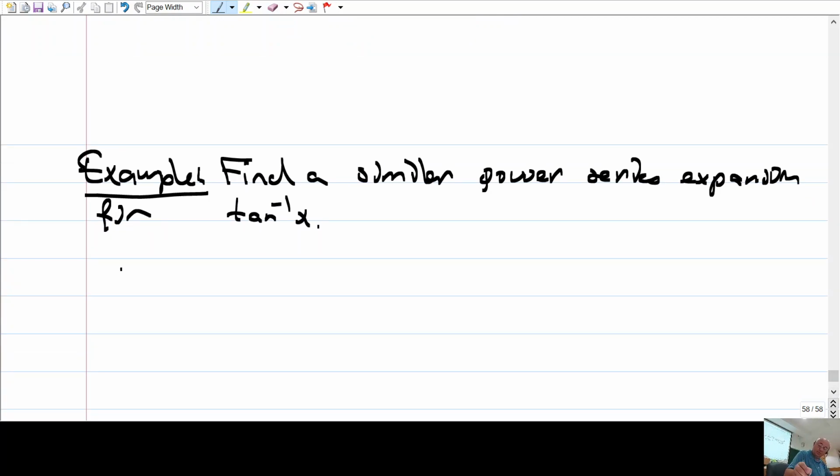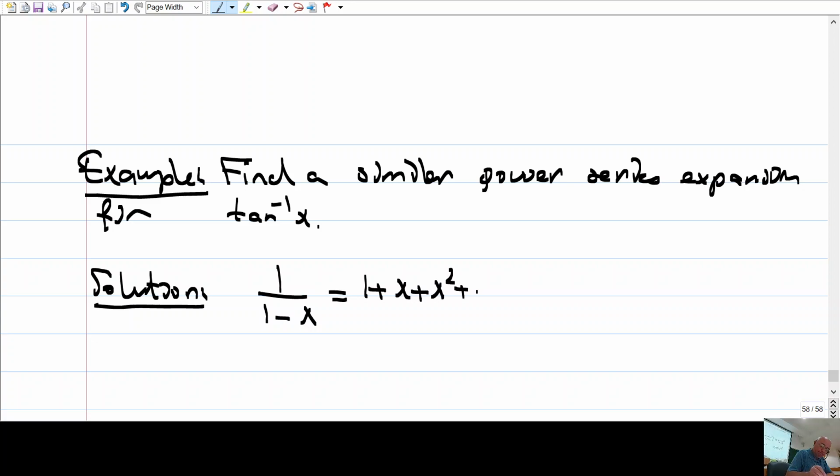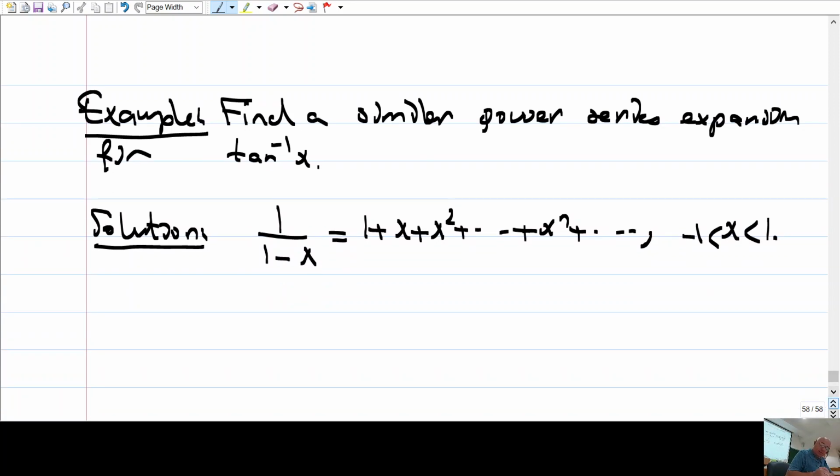Okay. Well, we again start from this. This is true for x between 1 and minus 1.